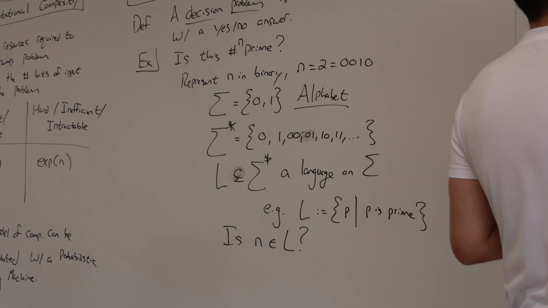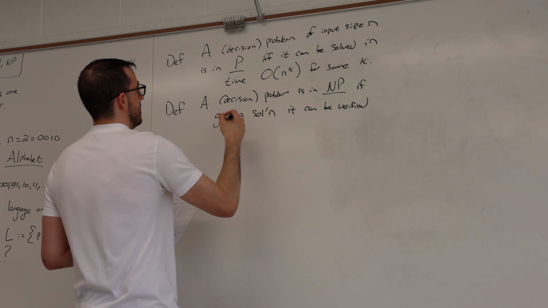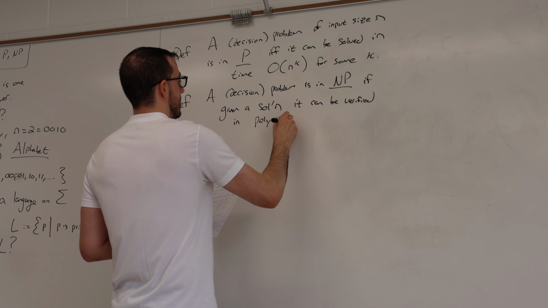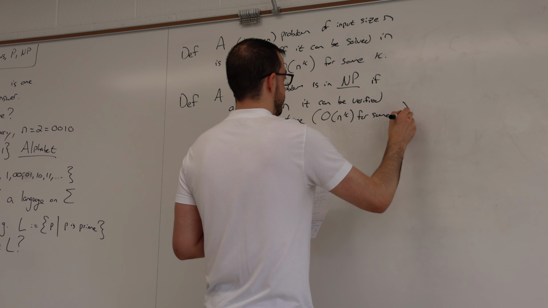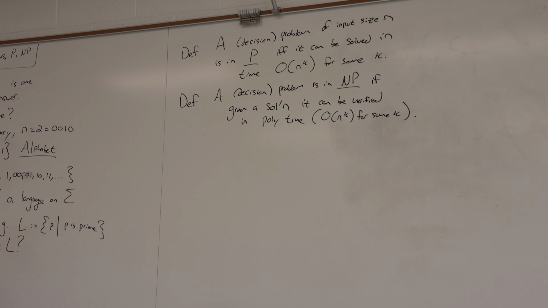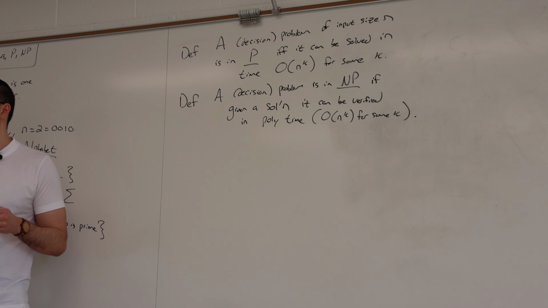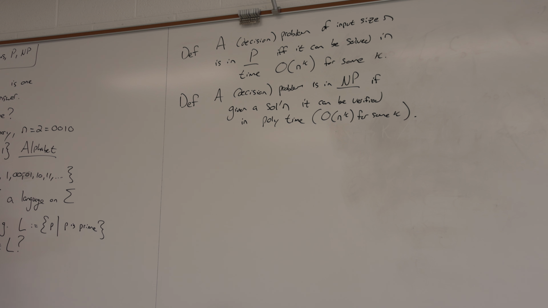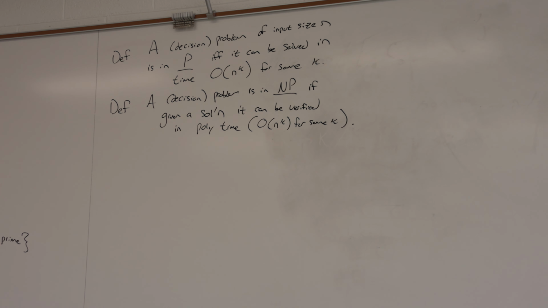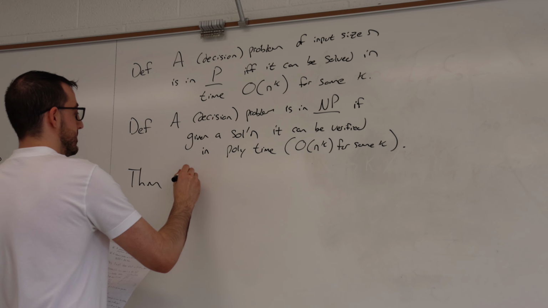If given the solution, it can be verified in polynomial time. And again, that means order n to the k for some k. So, question for you, what is the relationship between these classes? One of them is a subset of the other one. It's going to be the case that clearly P is a subset of NP.